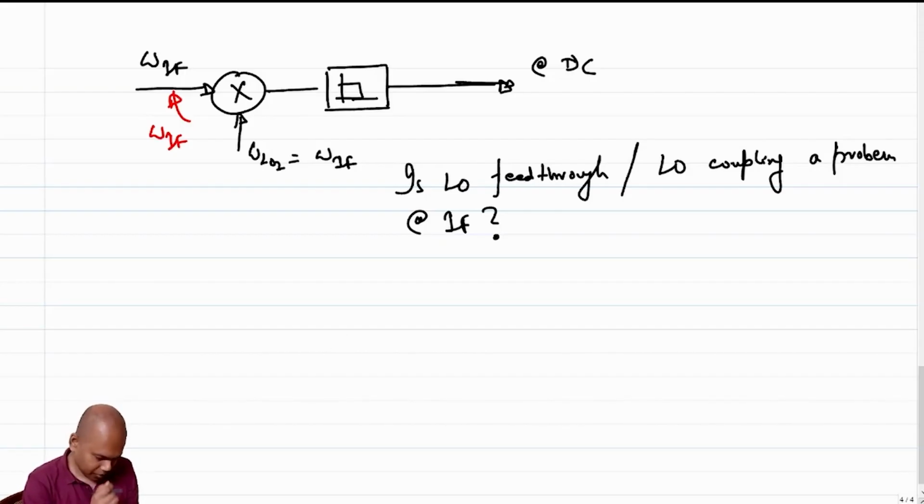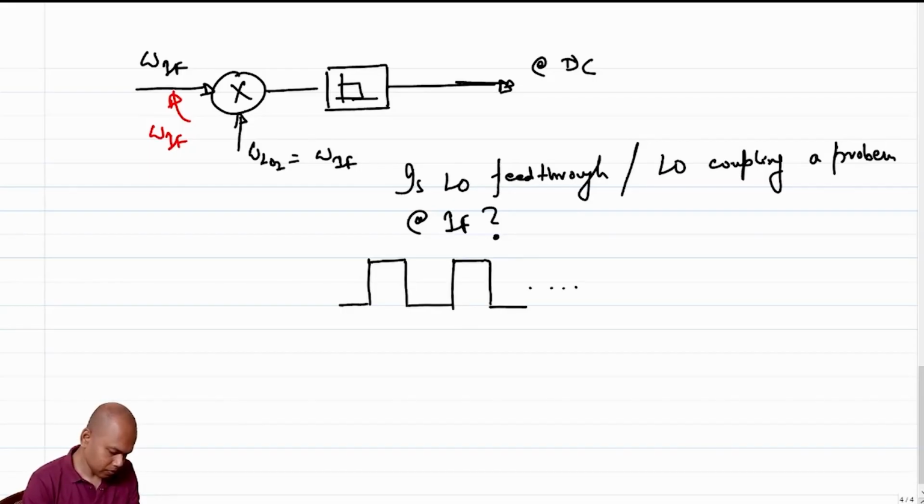Now what I will do, I will not take a sinusoidal clock, because that's never the case. It's almost always a square wave clock, right? So let's assume your VLO(t) has this waveform, right?